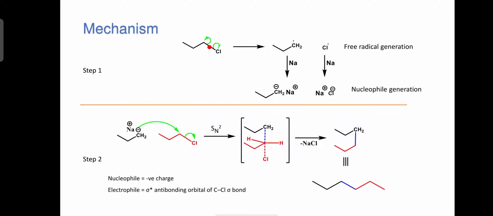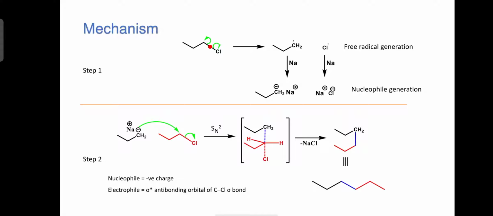In any kind of bond, like a sigma bond or pi bond, the bond simply means 2 electrons. Here the sigma bond means 2 electrons, one electron from this carbon atom and another from this chloride atom. Homolytic cleavage means both the bonded atoms share these 2 electrons equally.